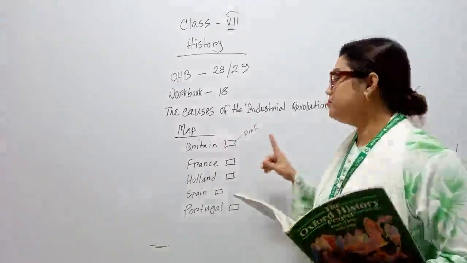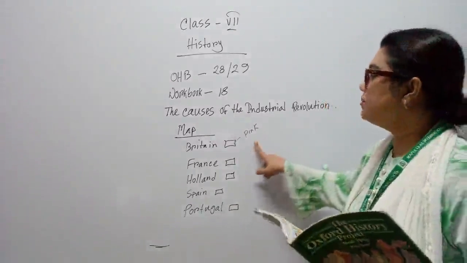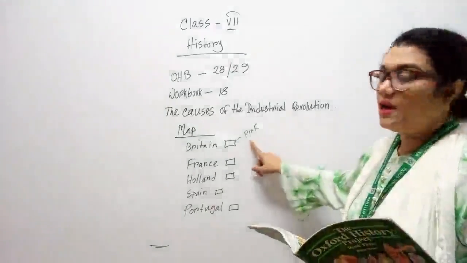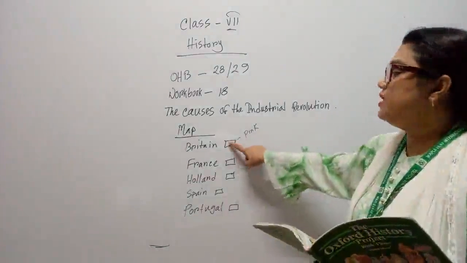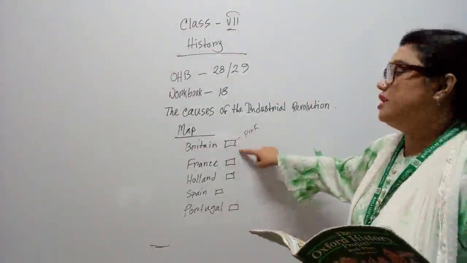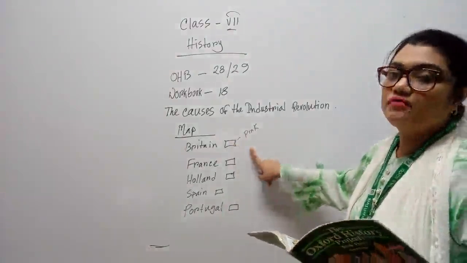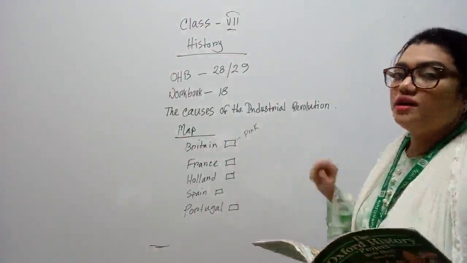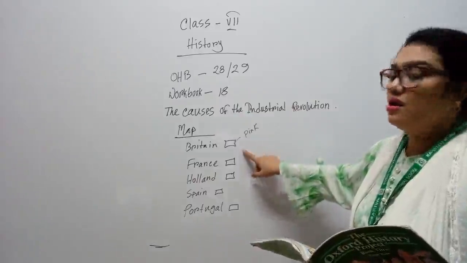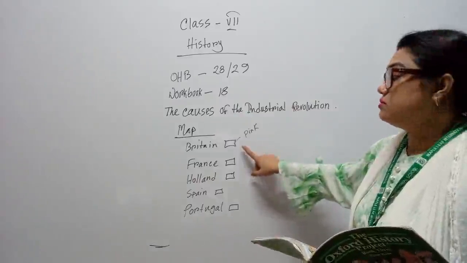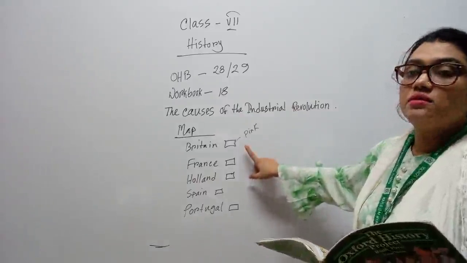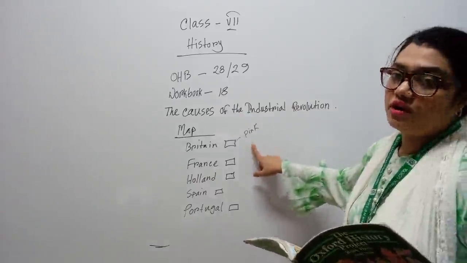Okay. If you select the wrong color for Britain, suppose you are doing Britain pink inside the map, and outside the map you have filled this box with orange color, then the labeling will be wrong. You will get half mark. For coloring and labeling, if the whole point is equivalent to 1 mark, then you will get half of the mark for coloring only.